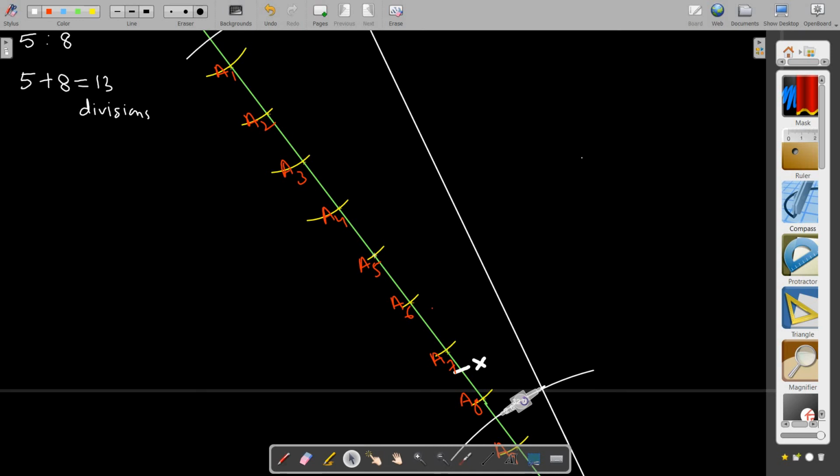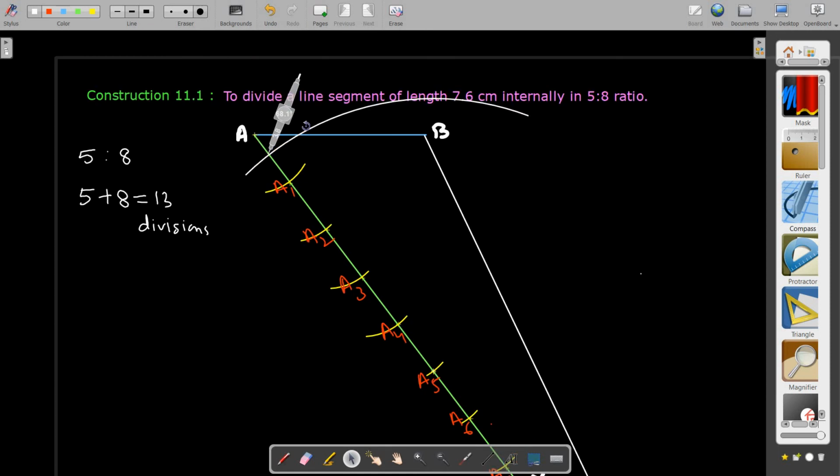It appears a bit less than 2.6. So we will go for a bit lesser than 2.6. 2.6 is very small, but that was less than 2.6.